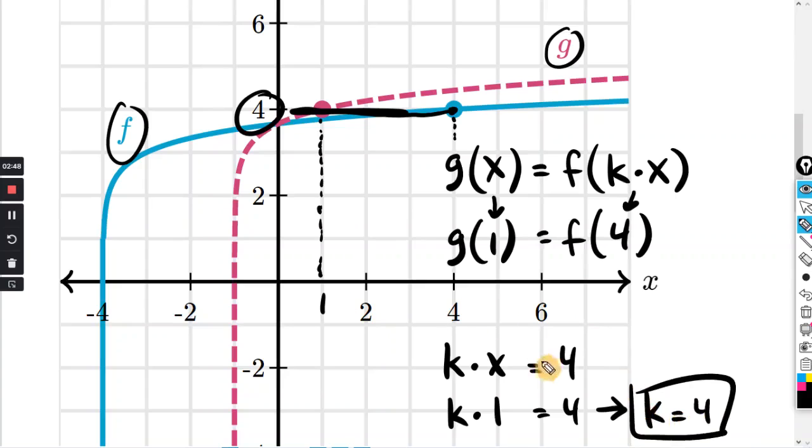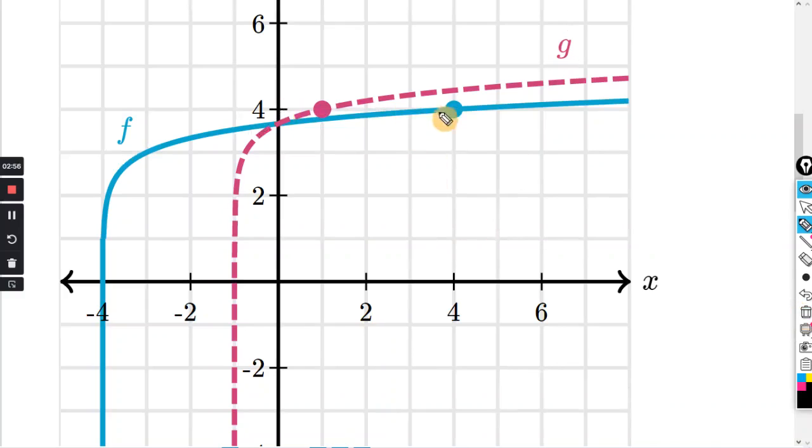Now, did we necessarily need to do all that? Some of you can do it in your head. We can clearly see these are at the same y coordinate, but the f function is the g function multiplied by 4.